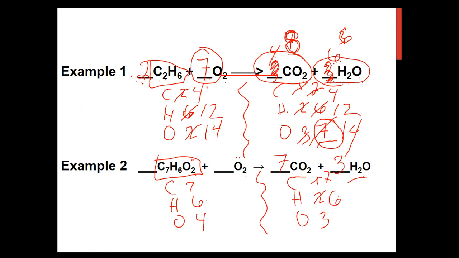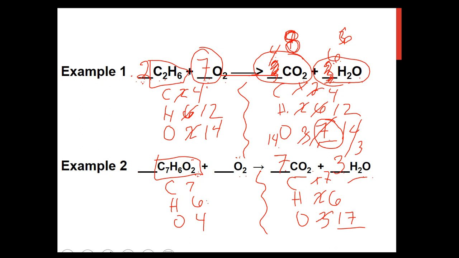So now let's see how many oxygens I'm working with on the right. So we have 7 times 2, so there's 14 right there, and then 3 times 1, which is 3. So 14 plus 3, 17. Okay, so this odd oxygen rule is going to come into play again. But before I can do that, notice that this hydrocarbon has some oxygens attached to it.